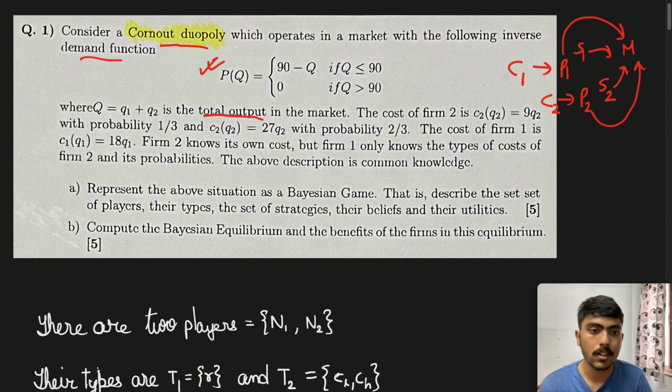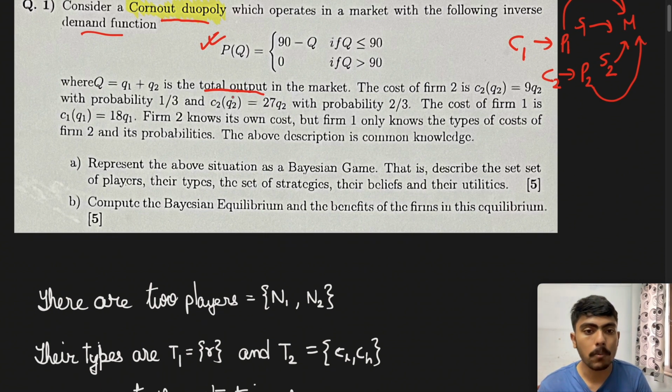Suppose the total output in the market is Q1 plus Q2. If that quantity is less than 90, then the price will be 90 minus Q, otherwise it will be 0. So this is the inverse demand function, and we are given that the total output produced by both the firms is Q1 plus Q2, right?